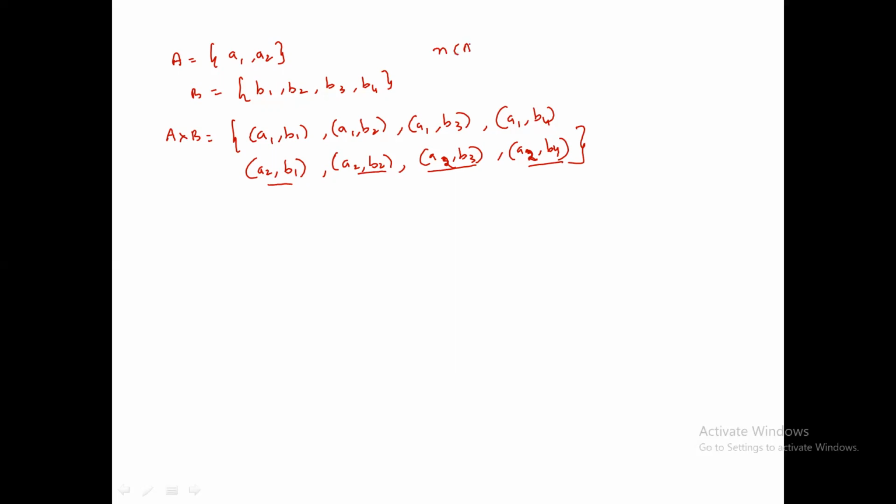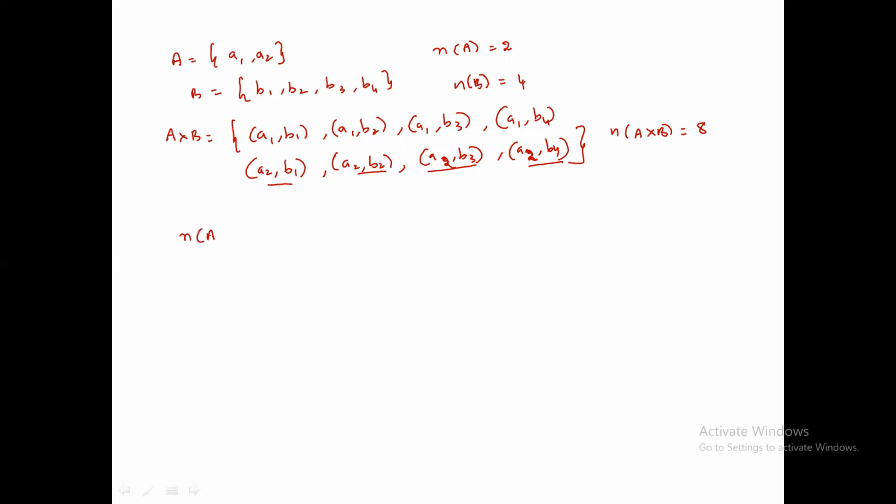If the number of elements in set A is 2 and the number of elements in set B is 4, the number of elements in A cross B is 8. So we can make one rule.